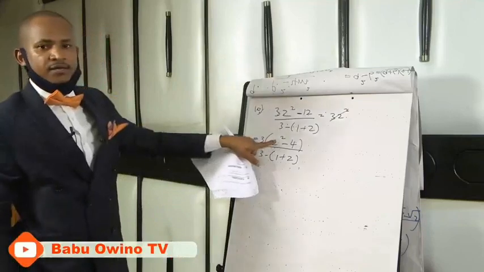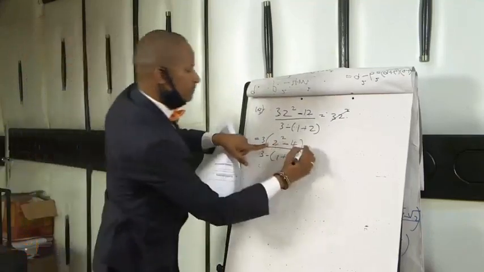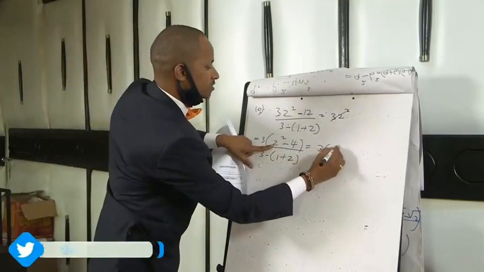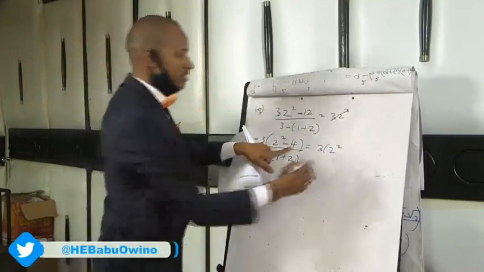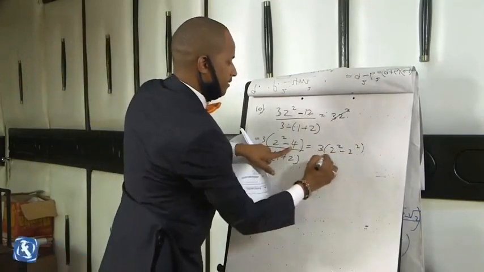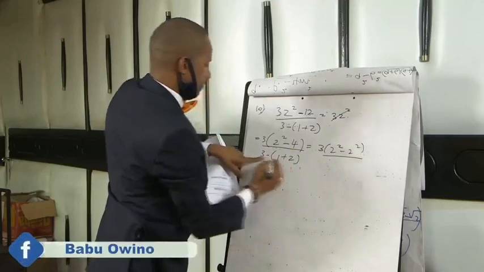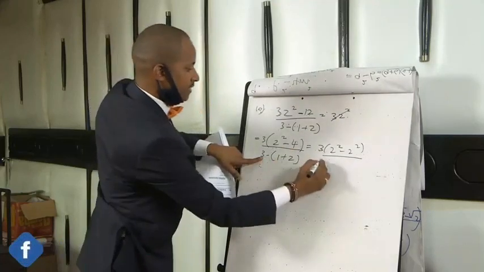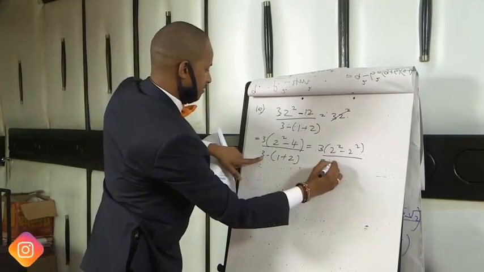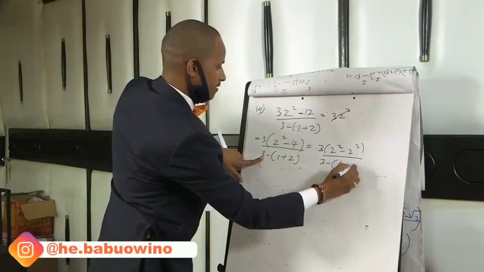So from here we have 3 into z squared, then minus 4 can be written as minus 2 squared. Divide by 3 minus 1 plus z.